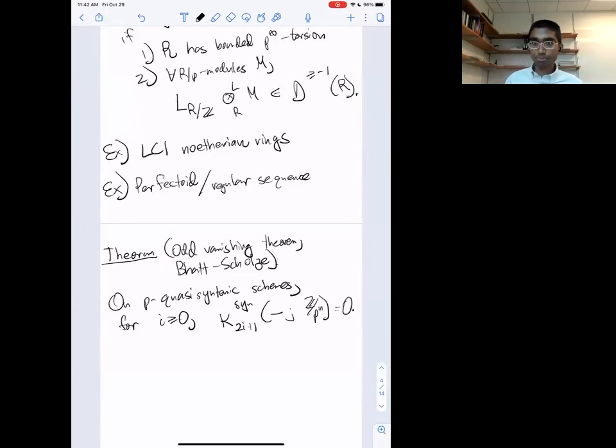As I mentioned, it's not true that if you have an odd degree K-theory class with mod p to the n coefficients, you can annihilate it after passage to an étale cover anymore. But the statement is that if you're in the setting of a p-quasisyntomic scheme, for example an LCI Noetherian scheme, then you can annihilate these odd degree classes after passing to a syntomic cover.